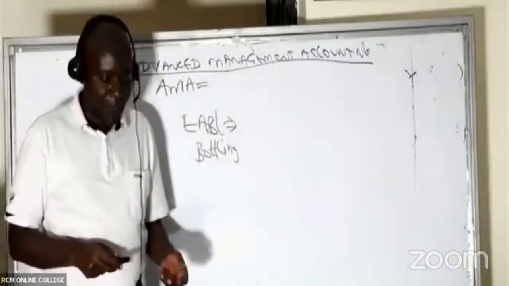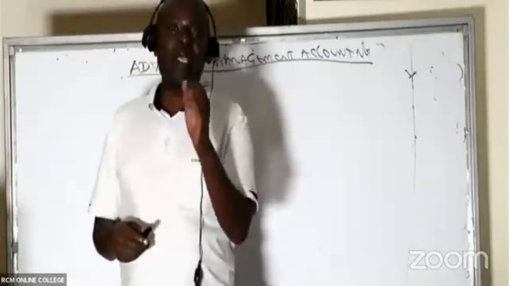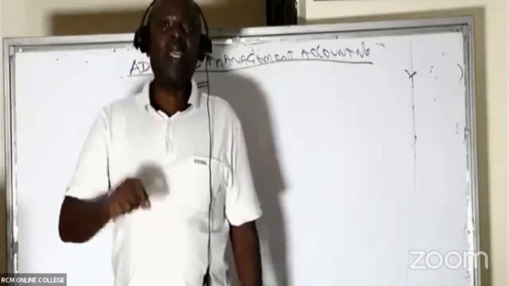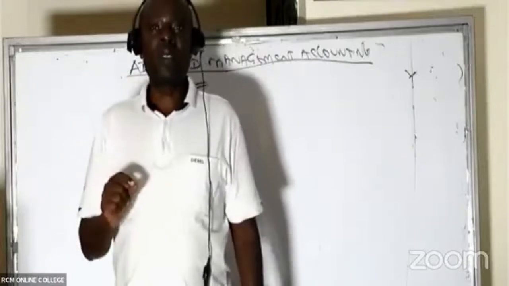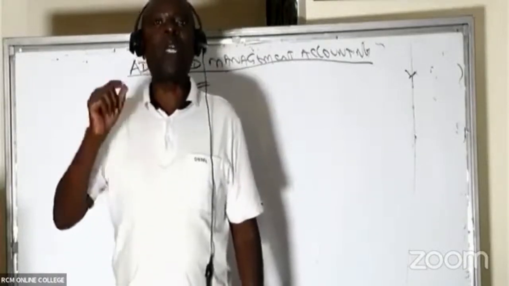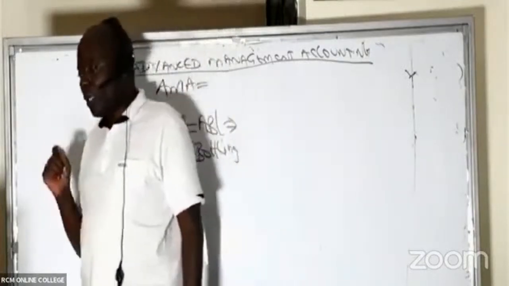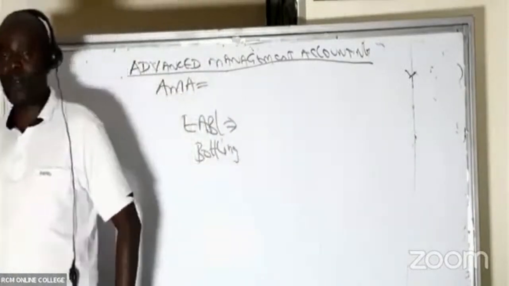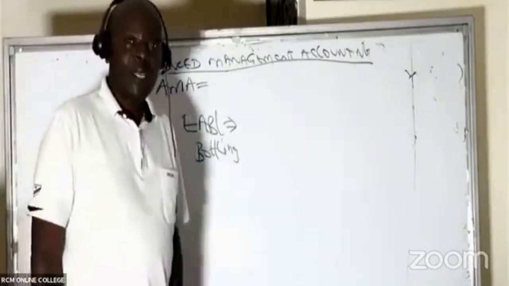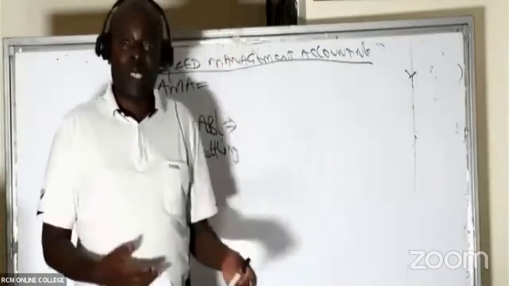Now, ladies and gentlemen, remember, as management accountants, we are trying to advise companies to make sure that they do not spend most of their time on secondary activities. If, for example, you are a bank today, we know your primary duty.